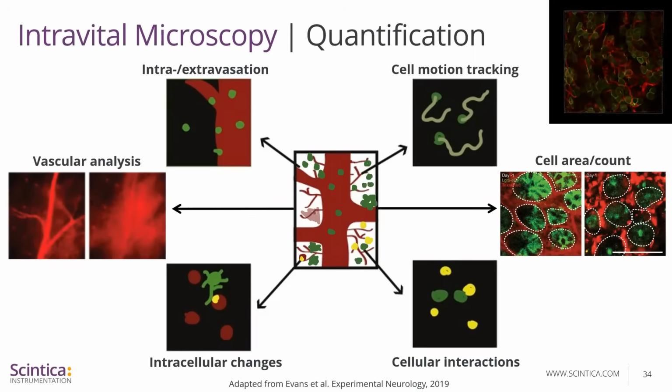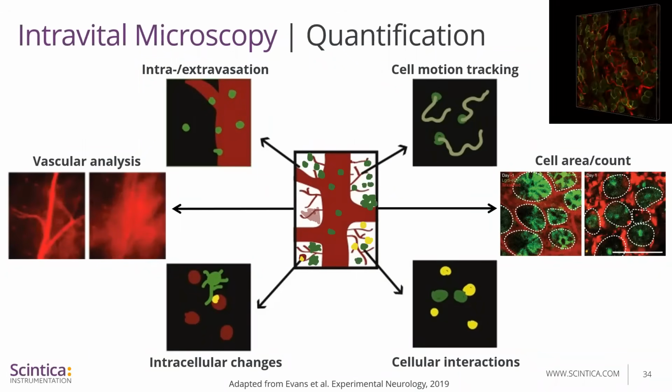You can also quantify vessels in your images, looking at leakage from these vessels, their density, number of branches, their length and volume. And you can also see and quantify cells intravasating and extravasating from them, or from lymph nodes or other structures.